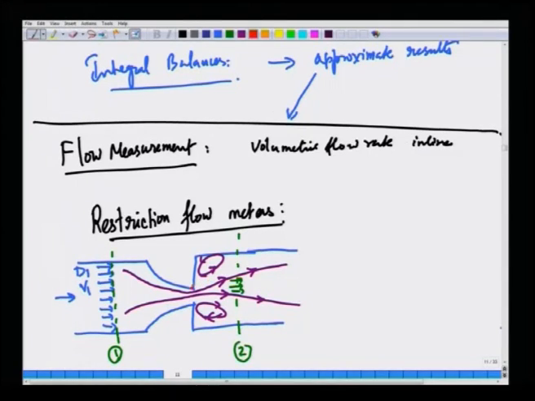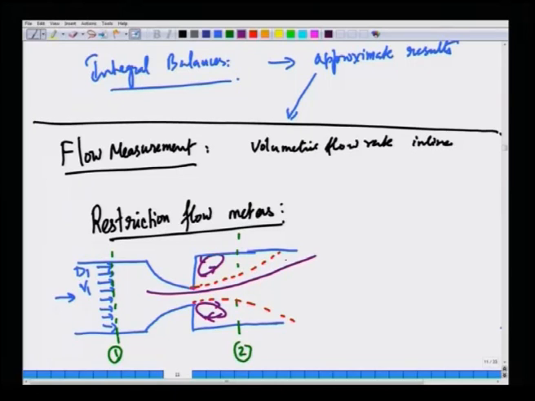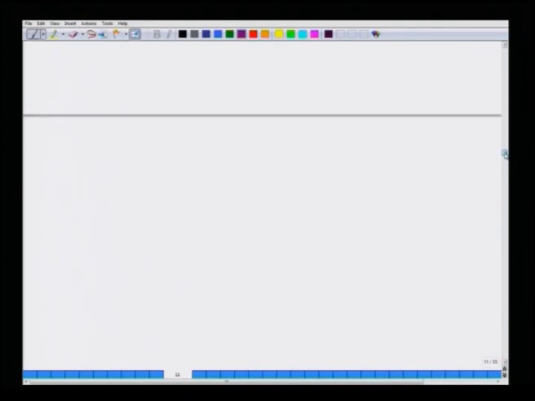So, you may have a streamline like this. Then you can draw the flow velocity. So, this is 2, where the cross section through which fluid is uniformly flowing is roughly constant. Eventually it diverges and approaches the tube diameter itself.